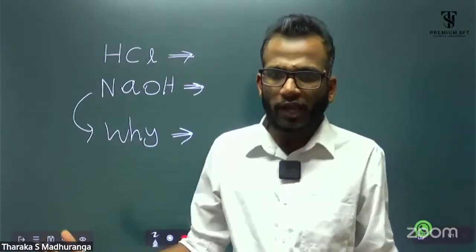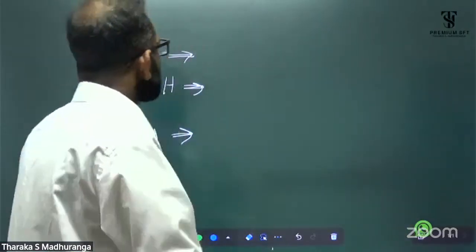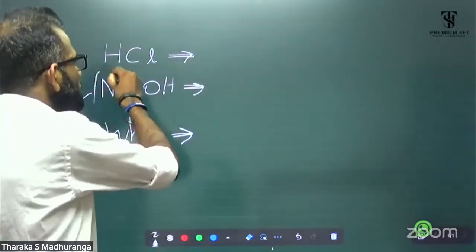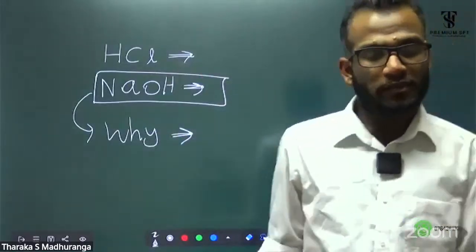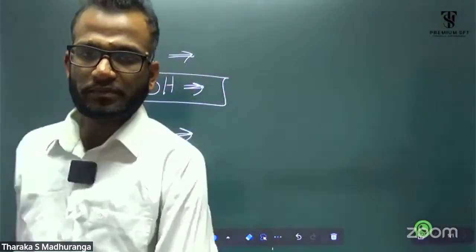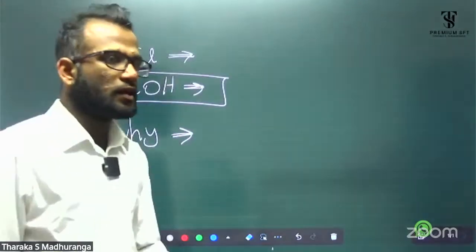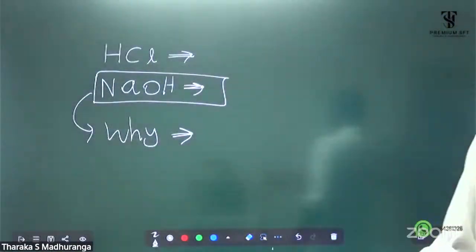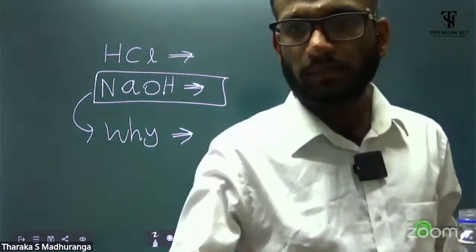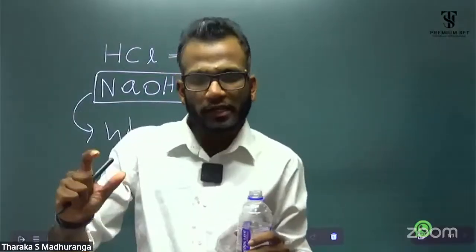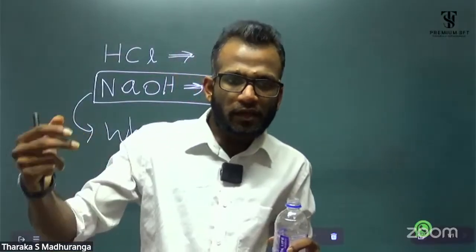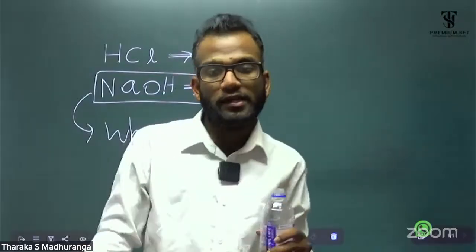Okay, hydrolysis is already done. Now after hydrolysis, why do we need to neutralize it by adding sodium hydroxide? Why? Yes, the Benedict and Fehling's tests only react in neutral conditions.